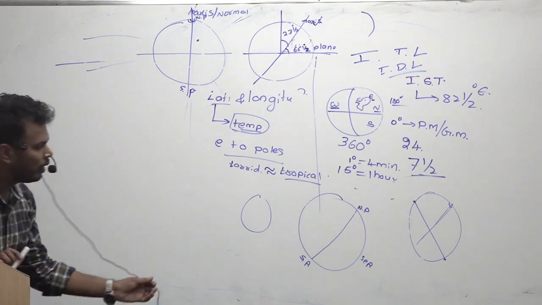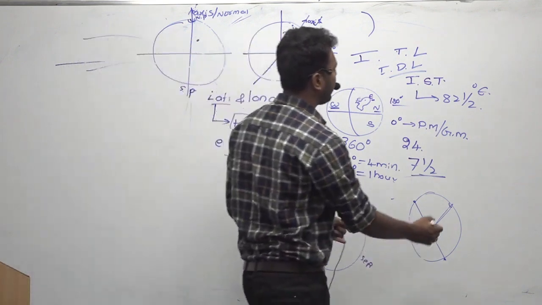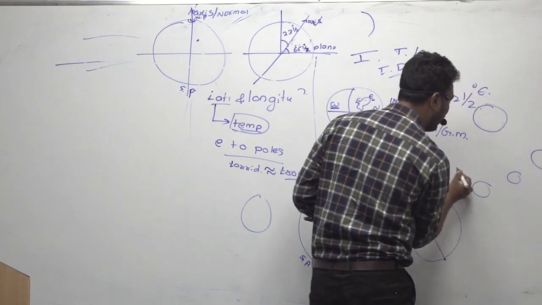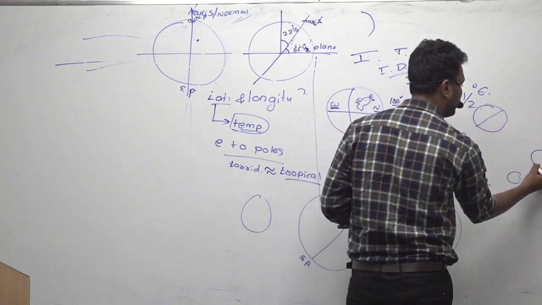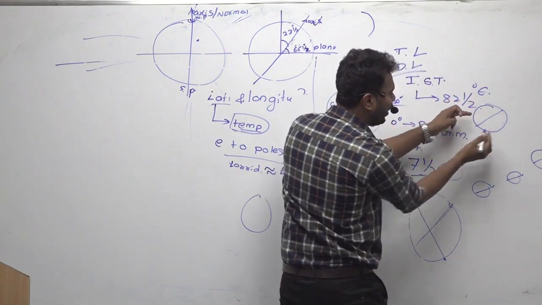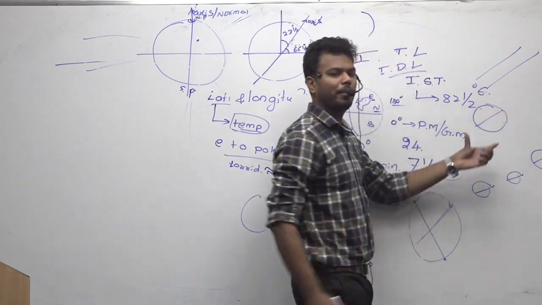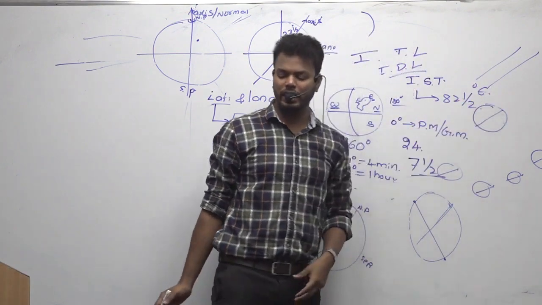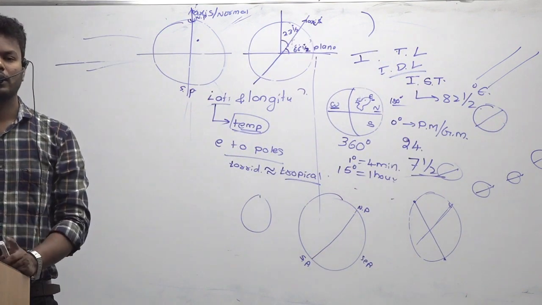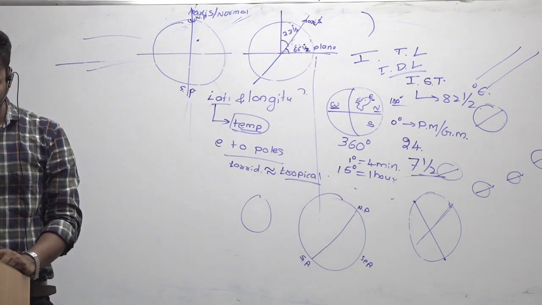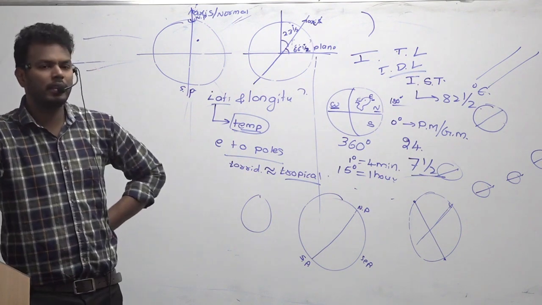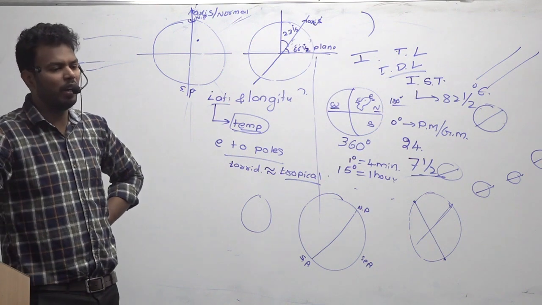Imagine the location of the Earth anywhere. This axis, this axis, and this axis will always be parallel. This condition is called axial parallelism.